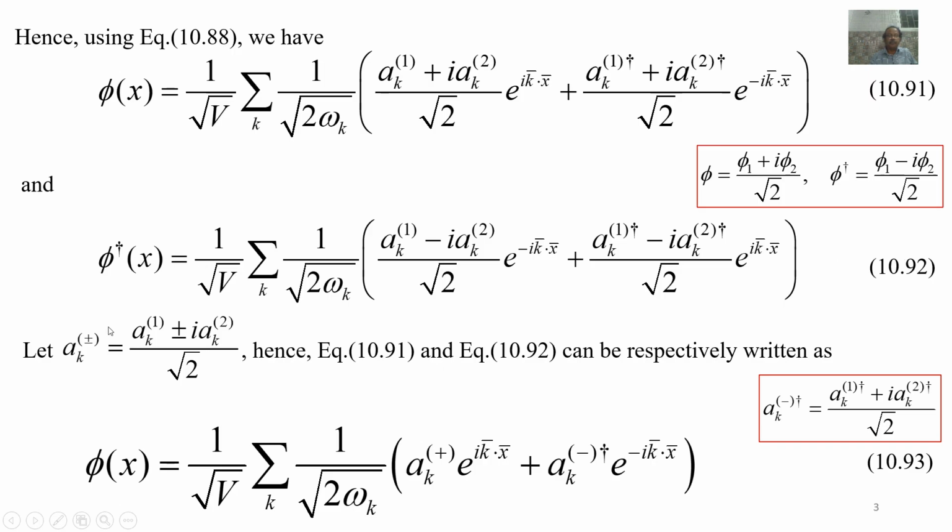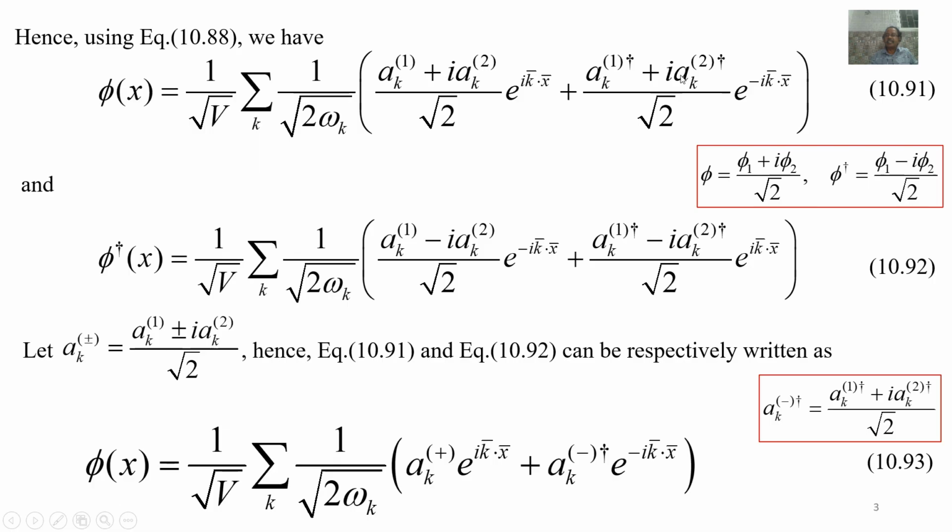Now, we are going to simplify these two equations as 10.93 using this term, that is a_k plus or minus, which is equal to a_k1 plus or minus i a_k2 divided by root 2. See, now what we are going to do is, instead of this term, we are going to use a_k plus, and this term is replaced by, you are going to take the complex conjugate.